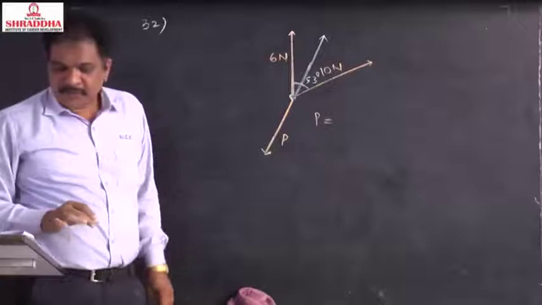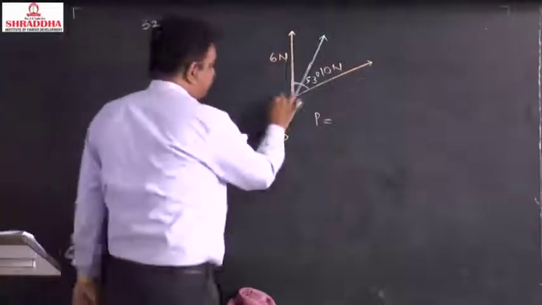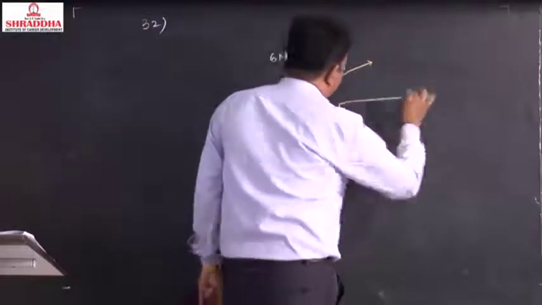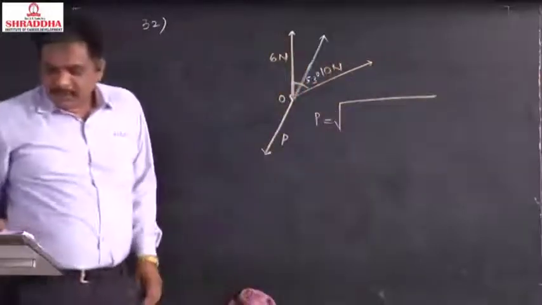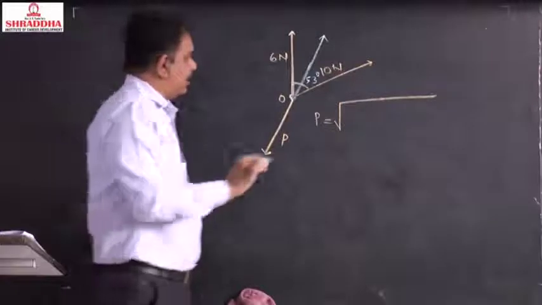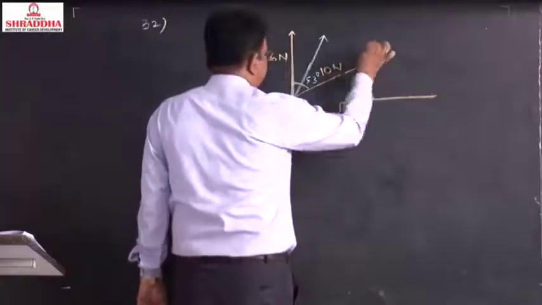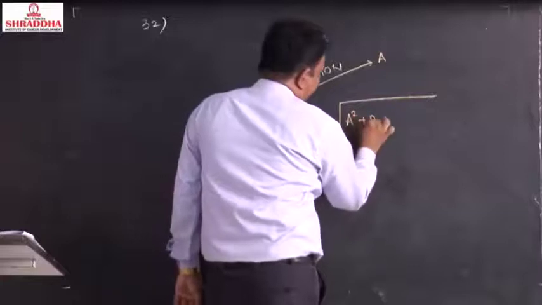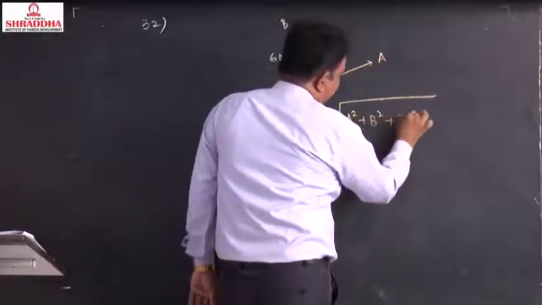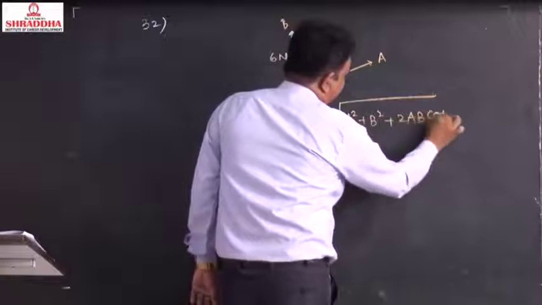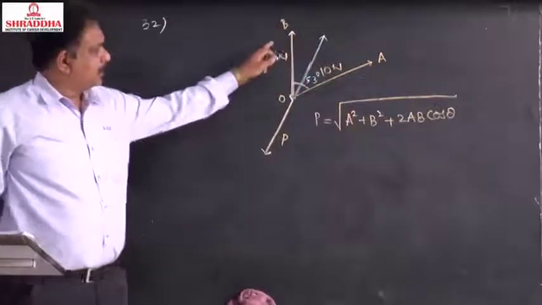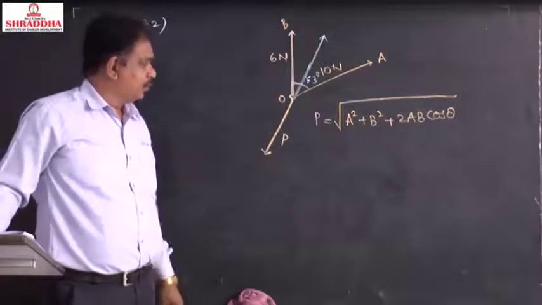because this point O is in equilibrium, P is equal to square root of, they named them as A and B. This is A, this is B. A square plus B square plus 2AB cos theta. That is the resultant of these two.